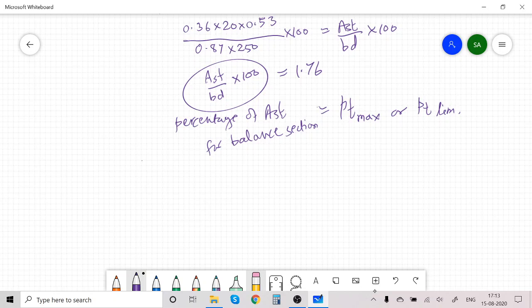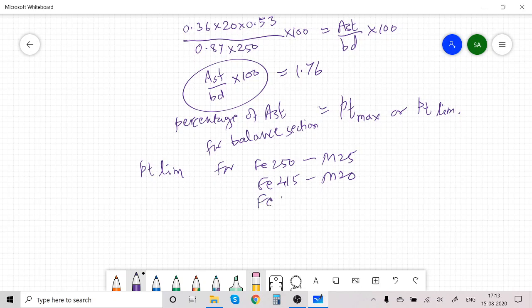Similarly, you can calculate PT limit for the combinations Fe250 M25, Fe415 M20, Fe415 M25, Fe500 M20, Fe500 M25, because these are the most used combinations in various cases.